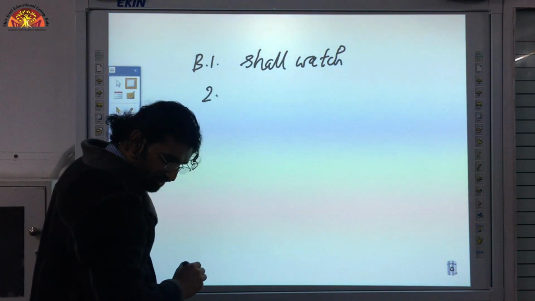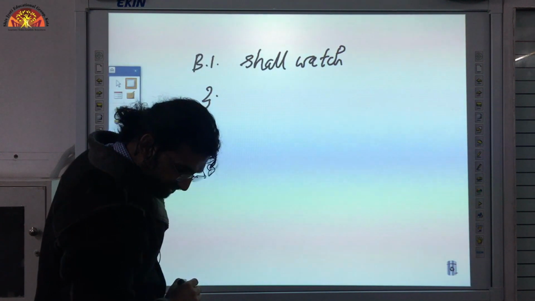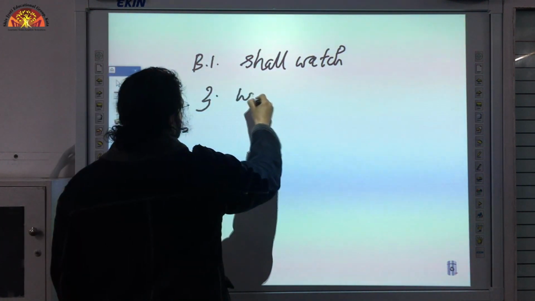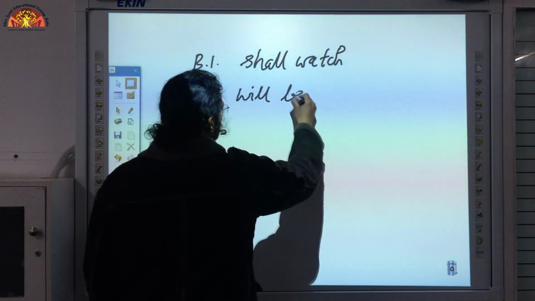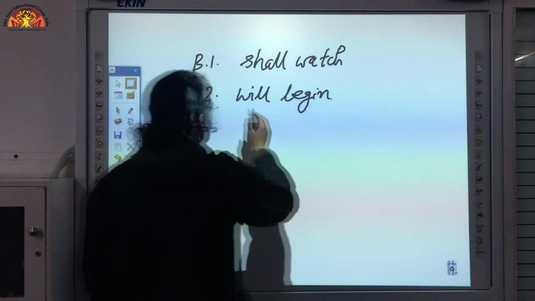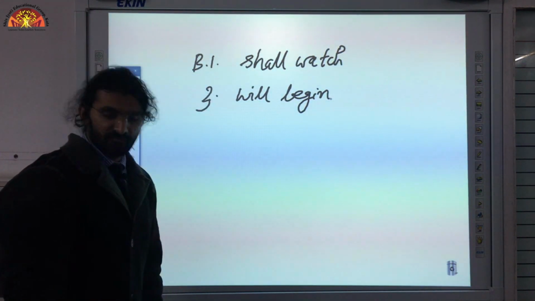And then we took the third one. The music concert will begin on time. Here also we are talking about a future possibility. So we have used will. Okay, will begin. It will begin on time.